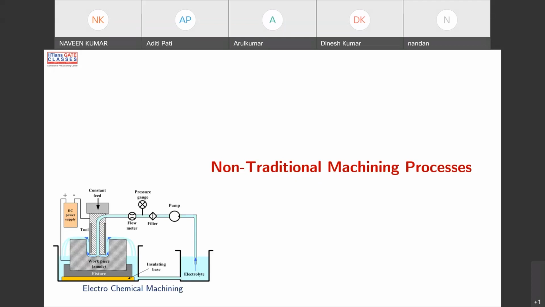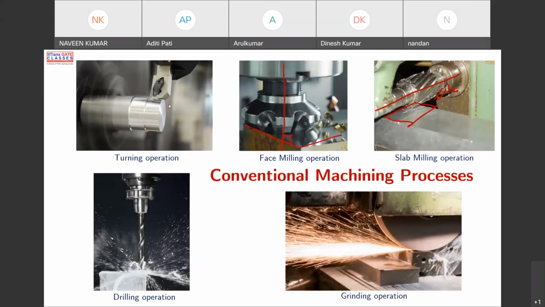So let's see. Electrochemical machining is one of the answers. So you use electricity plus chemical energy to machine it. Till now in traditional machining, what we are doing, you see, this is the tool and this is the workpiece. Is there a physical contact? Yes, there is a physical contact between tool and workpiece. And which energy are you using to cut?